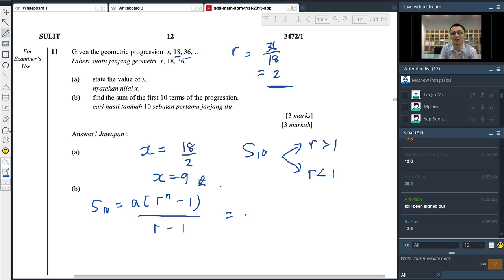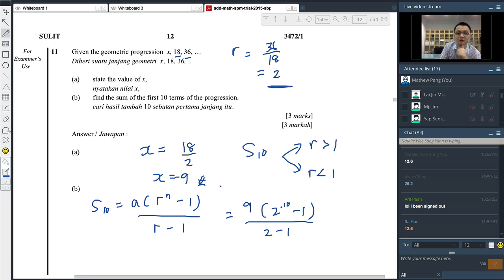Just substitute everything you have. So X basically equal to 9, and R is equal to 2. Power of n minus 1 over 2 minus 1. The n is basically equals to power 10, right? Okay, substitute 10 into the A. So I think the number is quite big. 9 multiple 2 power of 10 minus 1.